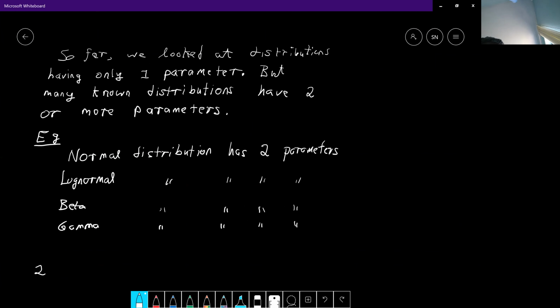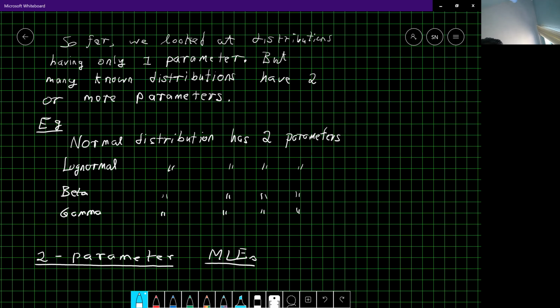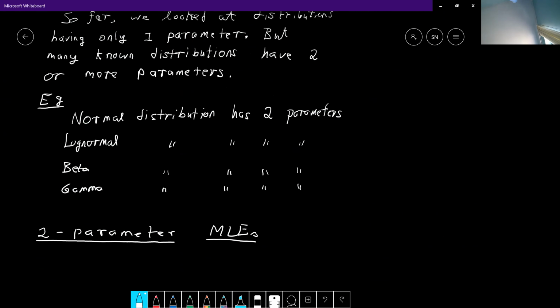I'm going to show you what to do for two parameter MLEs. So first of all, I will start by giving the procedure for finding the two parameter MLE.